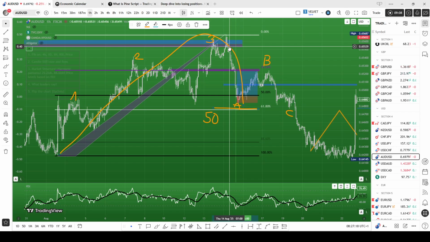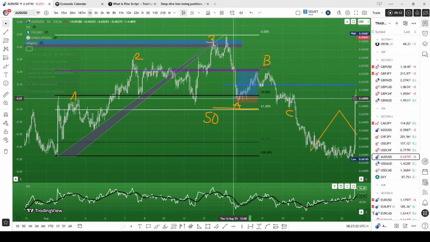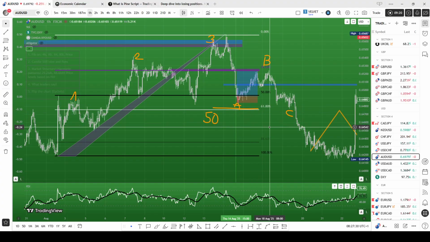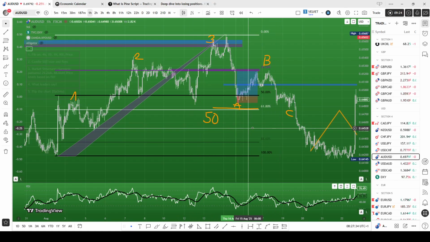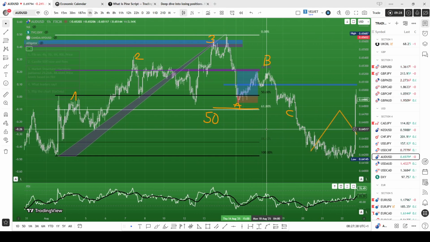And so we could decide whether we have a distorted fib, or a perfect fib, or something below 61.8, which could give us different outcomes. And this is to be studied on each individual trade.